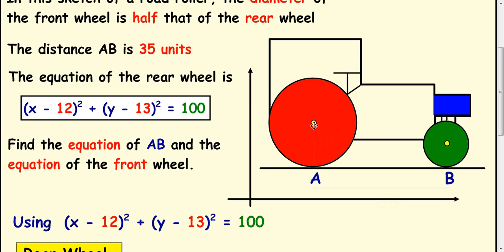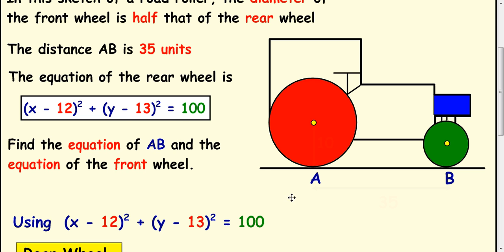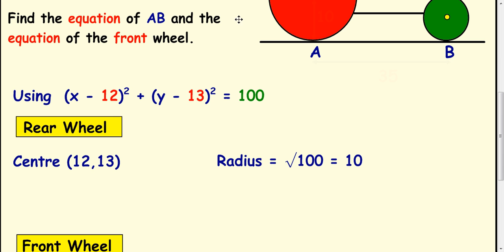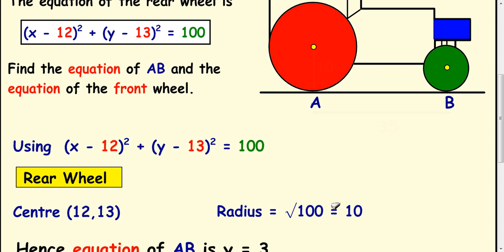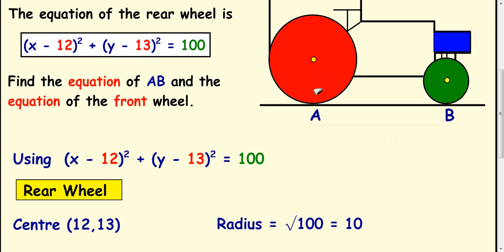So this distance down is 10 down from 13, which means that this line here, AB, is going to cross at 10 down from 13 on the y-axis, which is y = 3. That's going to be 3 there, straight across at 3. So that's the first bit solved, if you like. The equation of AB is y = 3. That was 13, 10 down from 13 is 3, y = 3.